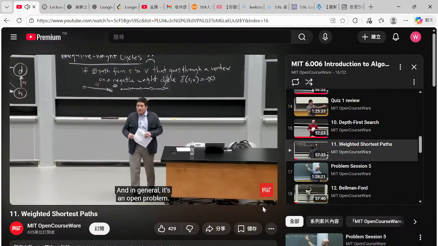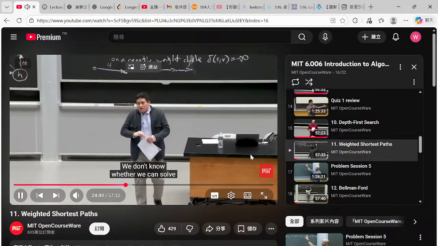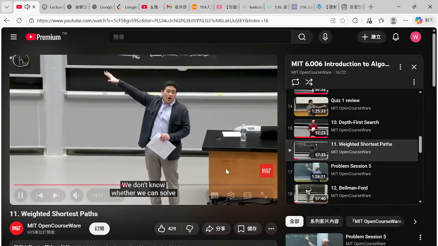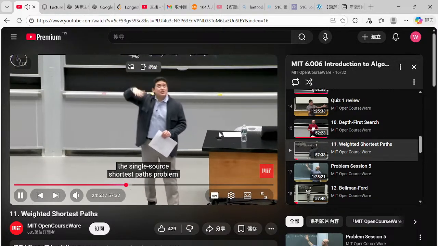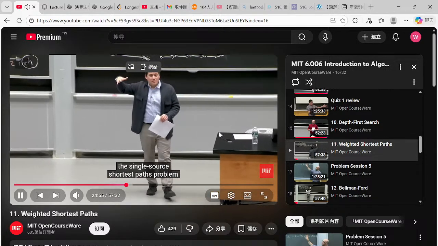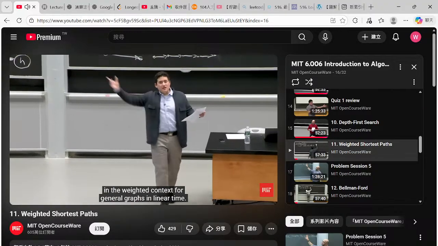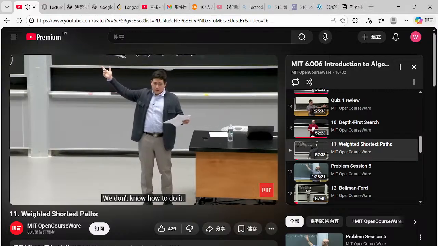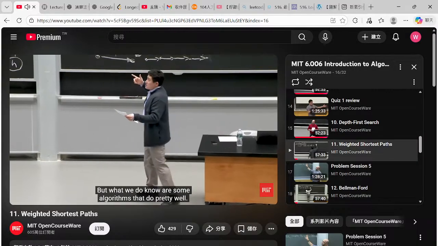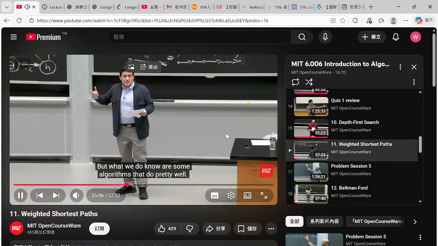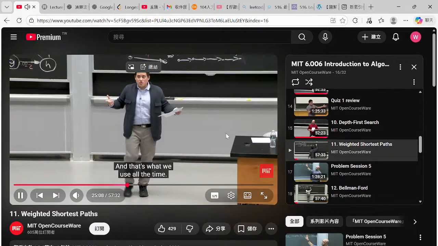And in general, it's an open problem. We don't know whether we can solve the single source shortest paths problem in the weighted context for general graphs in linear time. We don't know how to do it, right? But what we do know are some algorithms that do pretty well, and that's what we use all the time.